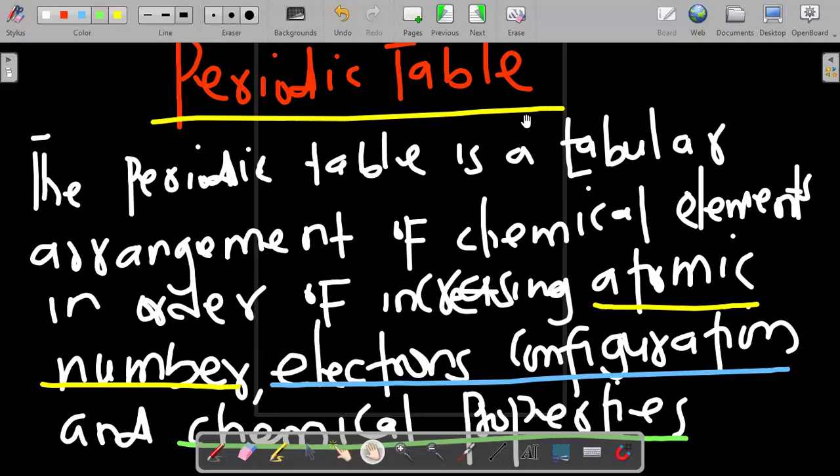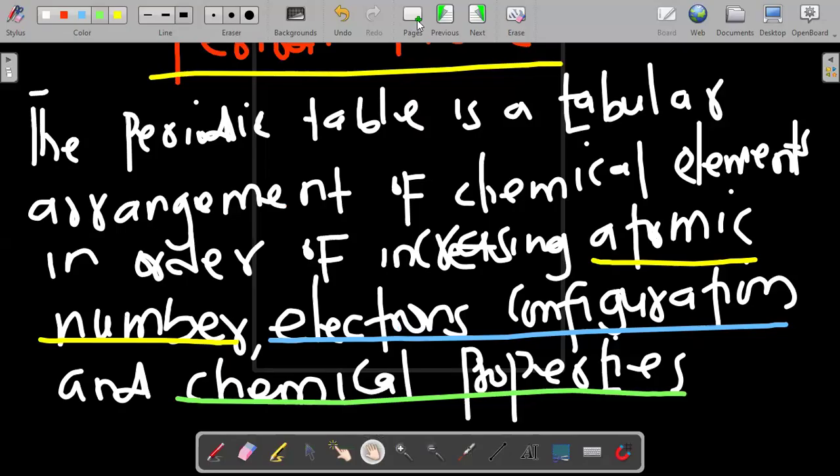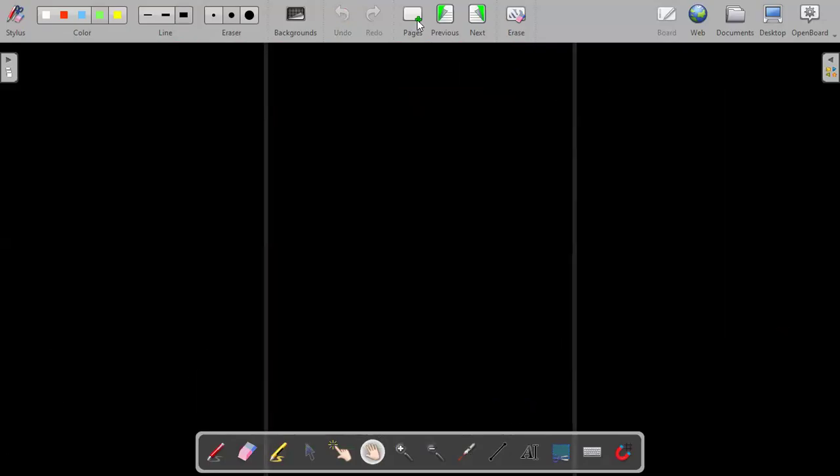Okay, so the periodic table comprises rows and columns. We call the row a period, while we call the column a group.